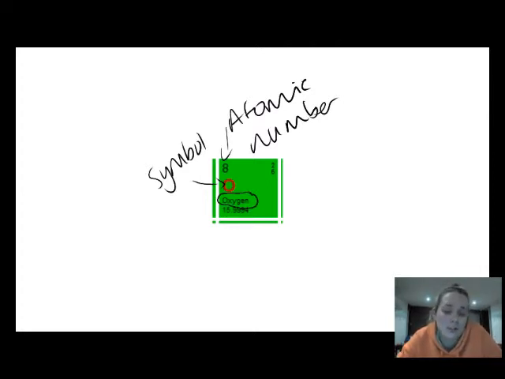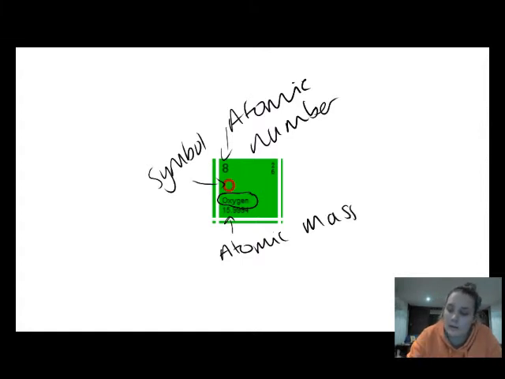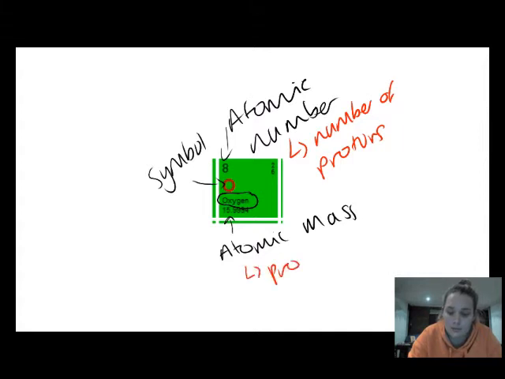You can just use the symbol instead. And the bottom down here is my atomic mass. My atomic number was my number of protons, and my atomic mass down here is protons plus neutrons.